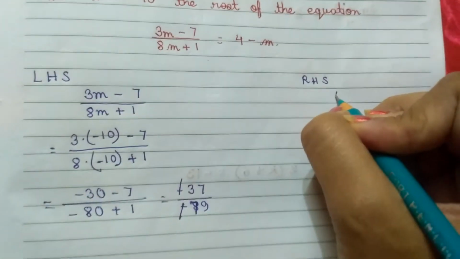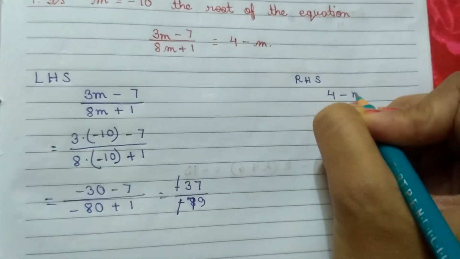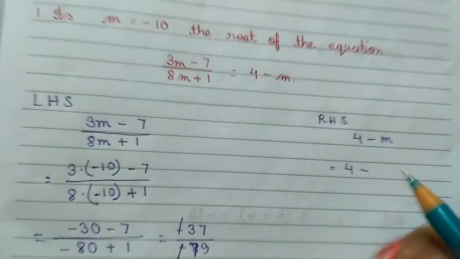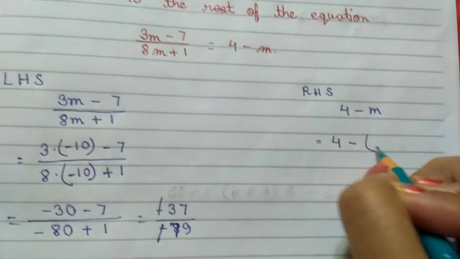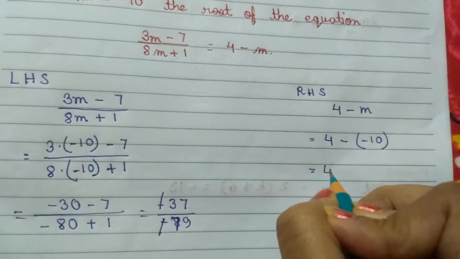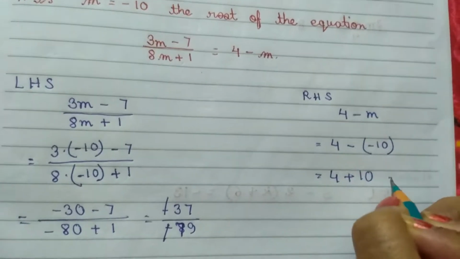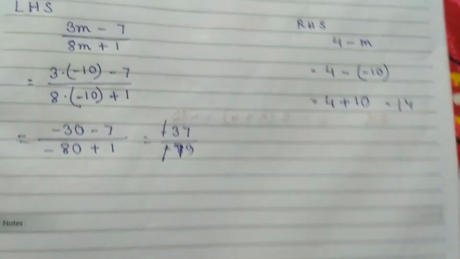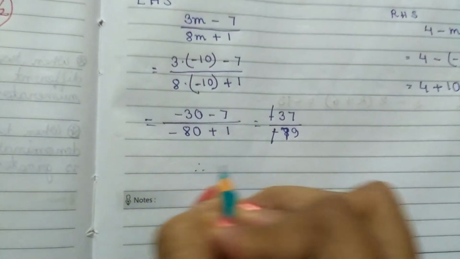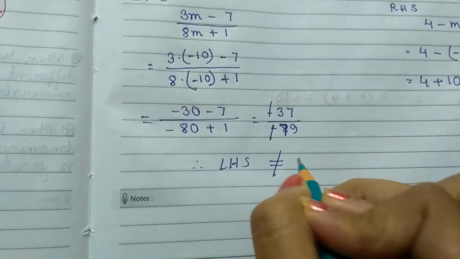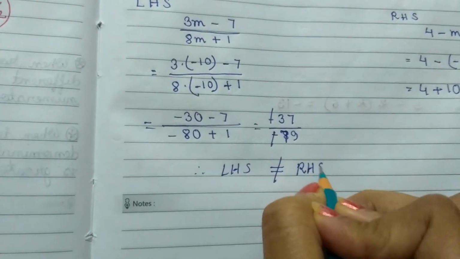Now RHS. RHS is 4 minus m. So what we have to do is put minus 10 here: 4 minus minus 10. Minus minus will become plus, 4 plus 10, that is 14. Now 37 by 79 can't be equal to 14. So we can write LHS is not equal to RHS.